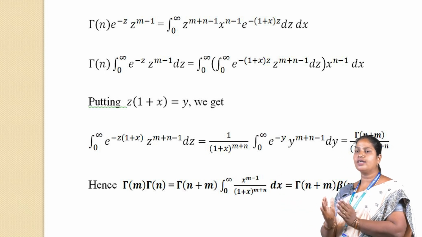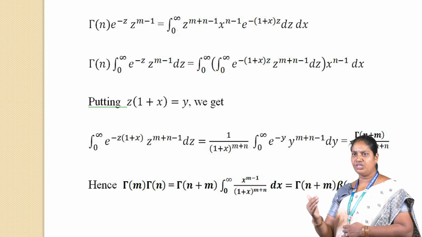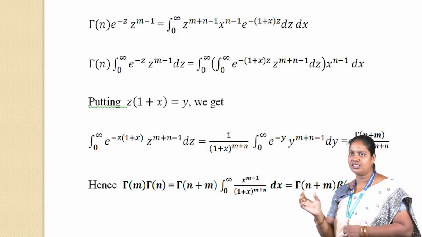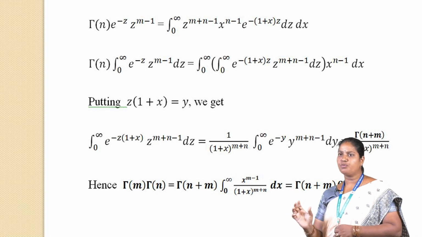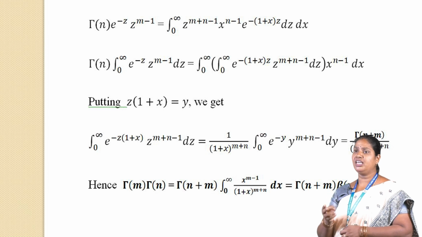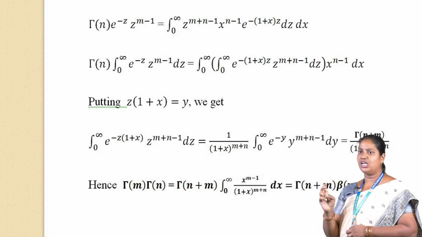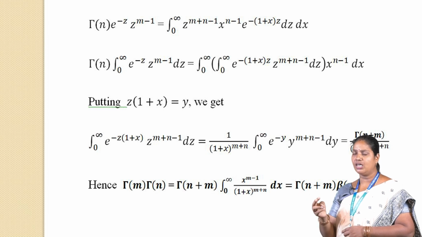Now we will collect the terms of z in one integral, that is the integral 0 to infinity e power minus of 1 plus x into z into z power m plus n minus 1 into dz. This is nothing but the change of order of integration, because everything in the integrand, exponential, algebraic function, z, are all continuous functions, so we can interchange the order of the integral.